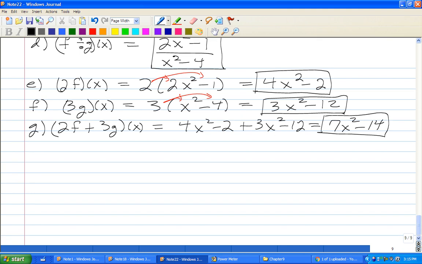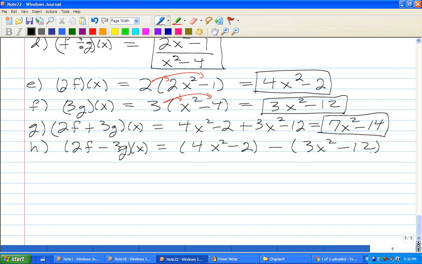Lastly, let me do H, which is 2f minus 3g, which is just 2f, 4x squared minus 2, minus 3g, 3x squared minus 12.